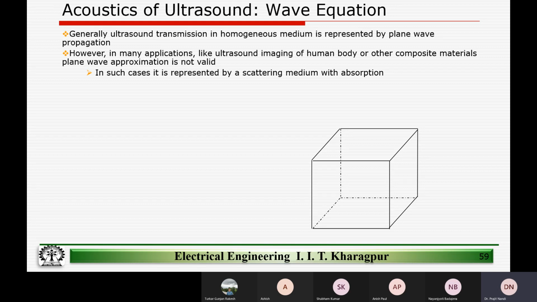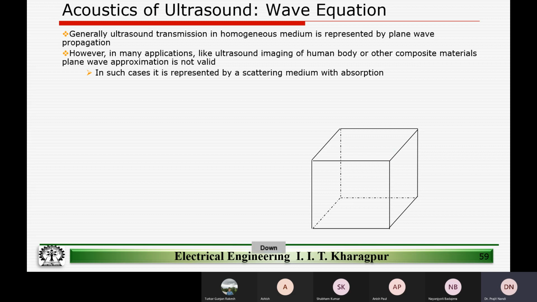So then, from the first principles of Newton's laws, we started. What we said is, we are assuming a piece of the medium here, right?